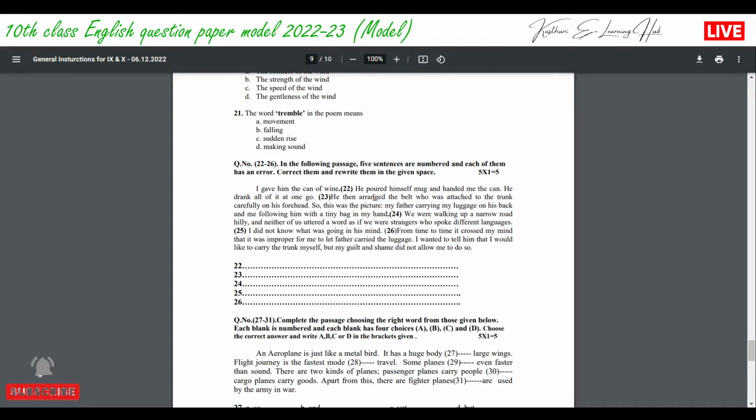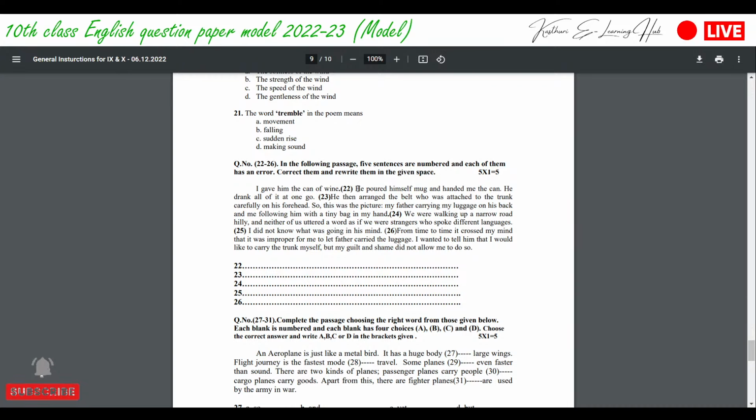He poured himself mug and handed me the can. He drank all of it at one go. So look, here two sentences are there. Identify in which sentence the error is, and write only that sentence. No need to write both the sentences.